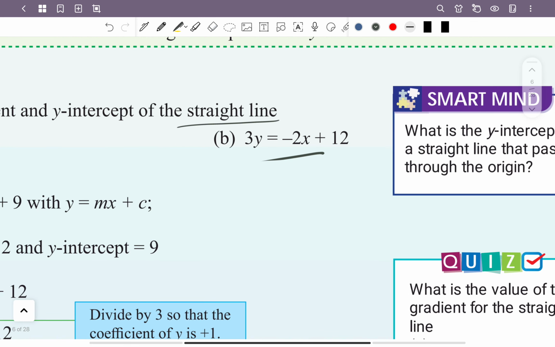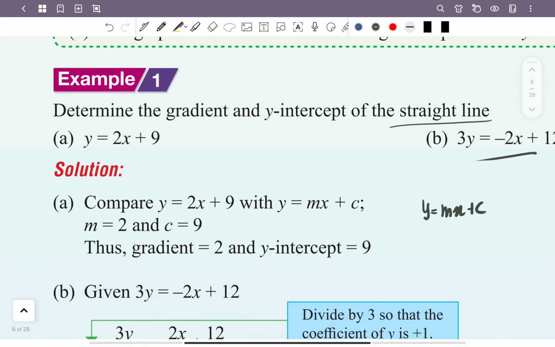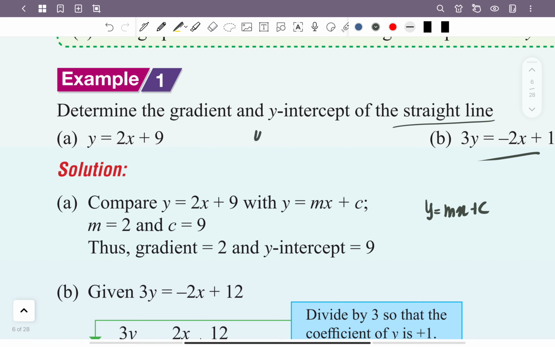Okay, let's do the first one. You have y = 2x + 9, compared with y = mx + c. We need to find the gradient and y-intercept, so you already know. Let's use the highlighter.